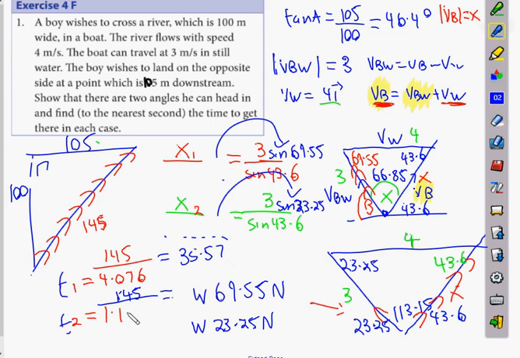And what do we get then? 145 divided by 1.71? 84.79. 84.79 seconds, okay? Alright, yeah. Or 84.8. Alright guys, try another one now.